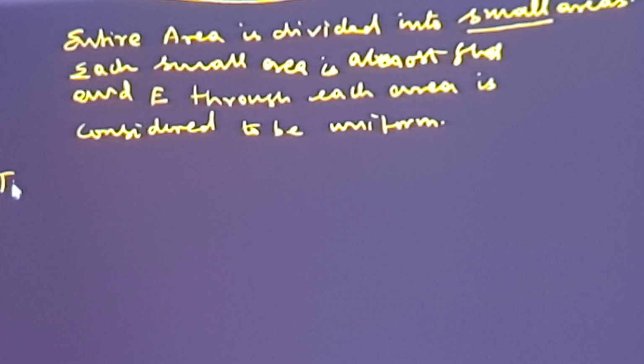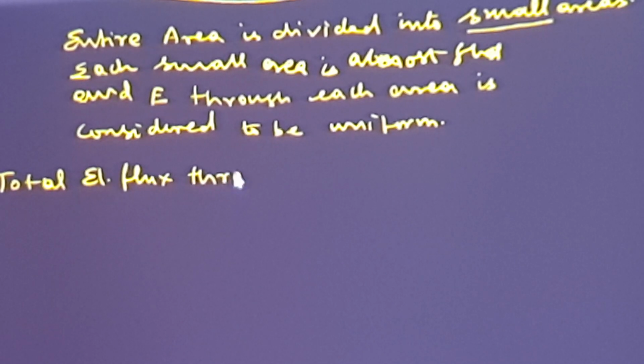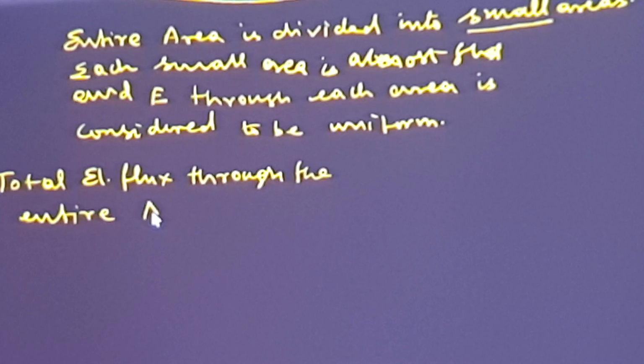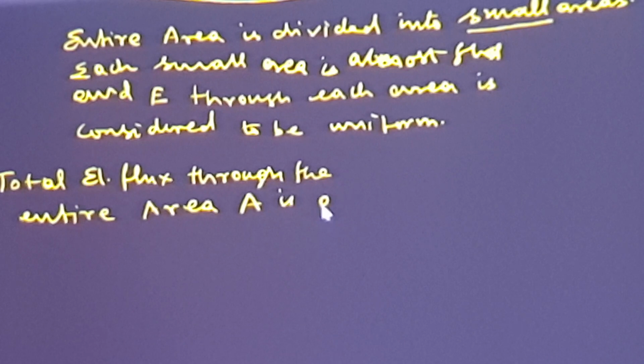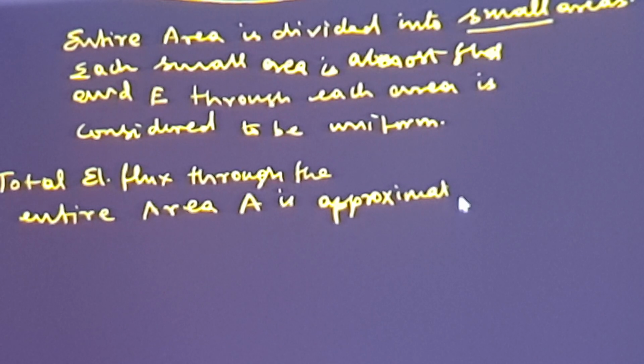Then I can write the total electric flux through the entire area, capital A, is approximately equal to phi of E, because we have made an approximation with small areas inside which the electrical field is considered to be uniform.